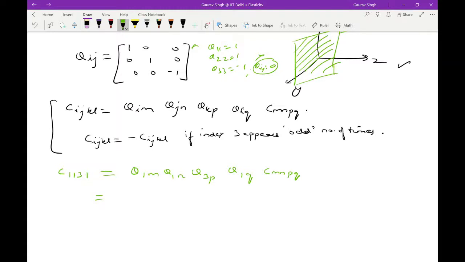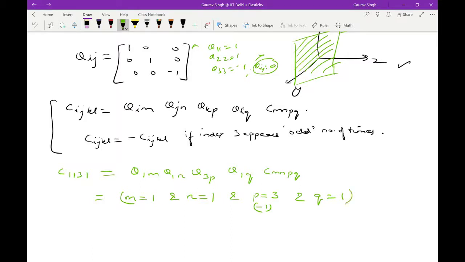So let's see, if m is equal to 1, what are the terms which will give non-zero? m equal to 1, and n is equal to 1, and p is equal to 3, but this will give a minus sign, because Q33 is equal to minus 1, and q will be equal to 1.